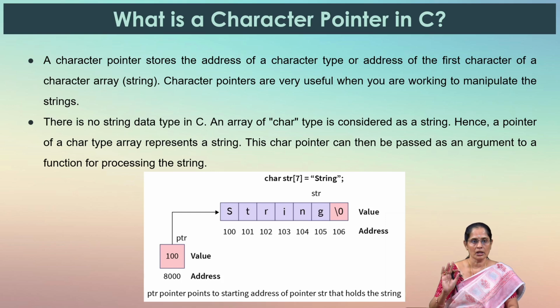So, there is no string data type in C. An array of character type is considered as a string. Hence, a pointer to a character type array represents a string. This is an interesting concept in C, because using a character type pointer we can access the complete string, even though the string is a character type array, because the character pointer will be able to get the starting location of the array.